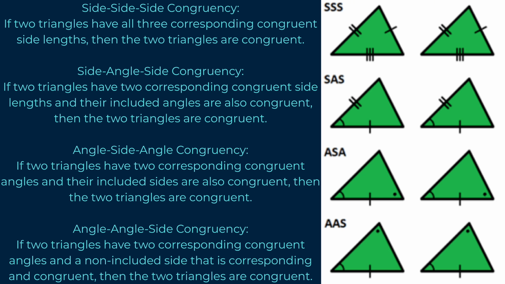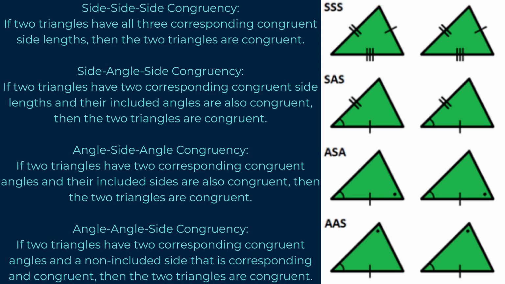Now, angle angle side congruency. This is a bit weird, but bear with me. If you have two angles that are congruent to each other, you also need one non-included side that is corresponding and congruent, so that the two triangles are congruent.